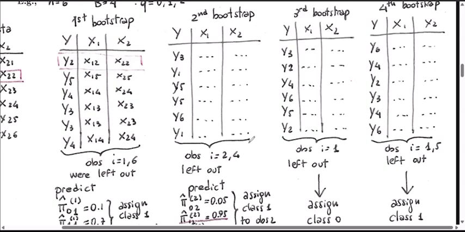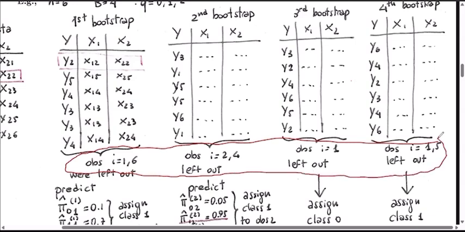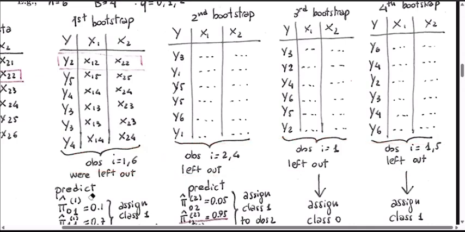Now, let me tell you this. What we left out is actually what we're going to make a prediction for. We want to classify them into groups. I need you to pay attention.